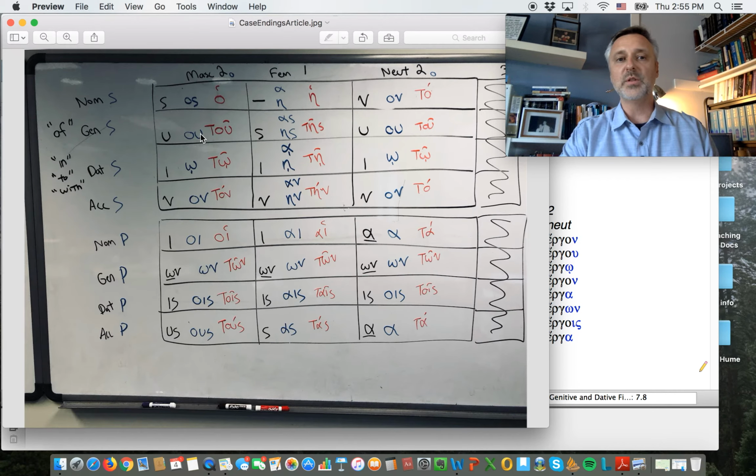Okay, so you can look through this chart and see how these all interact. And anytime you have something that is underlined, it swallows up the final stem vowel. I'll walk through this with you, but this is just a very helpful chart. You can see here in the feminine, we have some nouns that end in an alpha, some that end in eta, like hora or graphe.